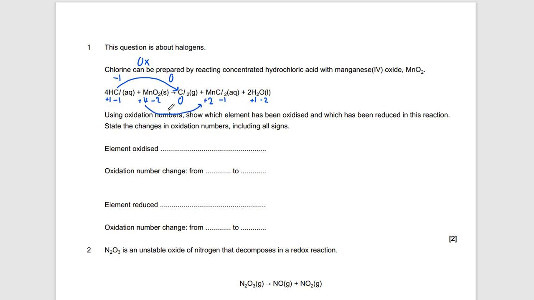It's decreasing its number. It's being reduced. So to answer the question, we simply put oxidized element is chlorine from -1 to 0, and manganese is going from +4 to +2. Nice and straightforward. There we go.